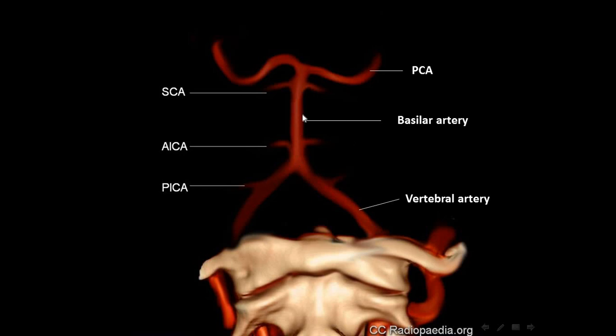The basilar artery will also give two branches. At the proximal part, it will give the AICA, the anterior inferior, which will supply the anterior inferior part of the cerebellum. And the SCA, the superior cerebellar artery, which is branching from the distal part of the basilar artery and supplies the superior part of the cerebellum.